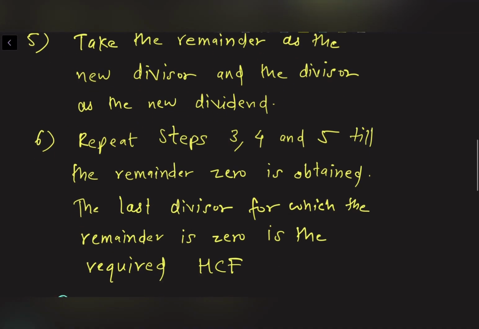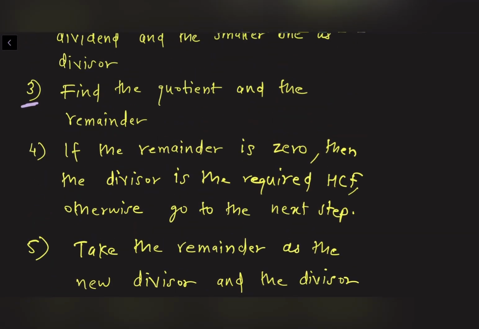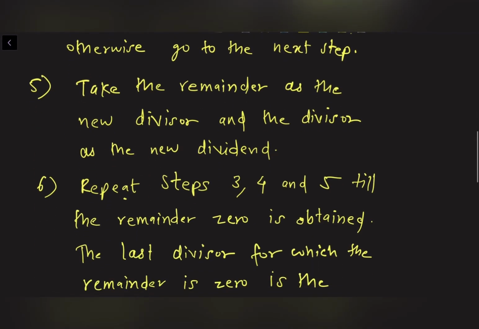And then what to do? Repeat steps 3, 4 and 5 till the remainder 0 is obtained. Which are steps 3, 4, 5? You have to find the quotient and the remainder. Then check if the remainder is 0 or not. If it is not 0, you go to the next step, and again take the remainder as the new divisor and the divisor as the new dividend.